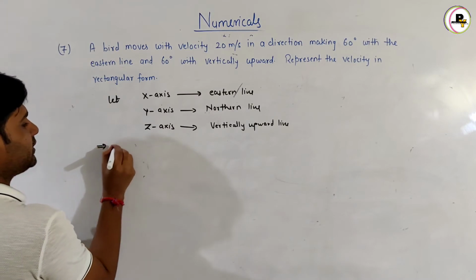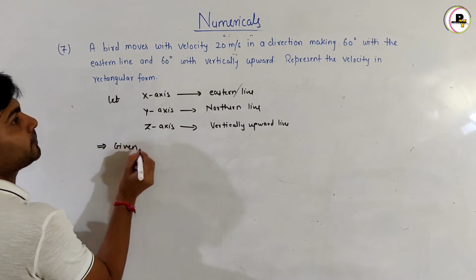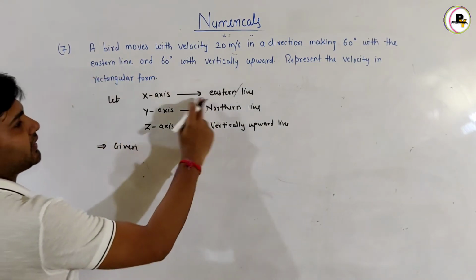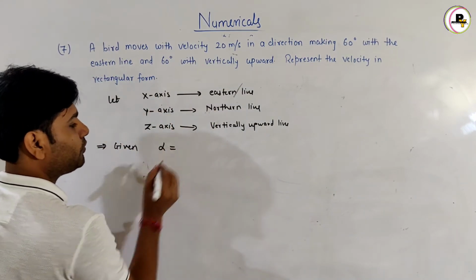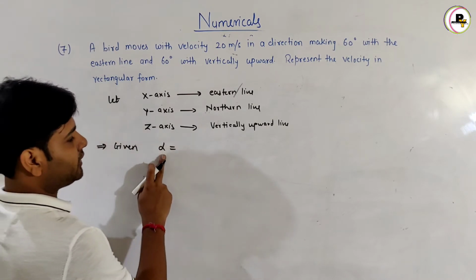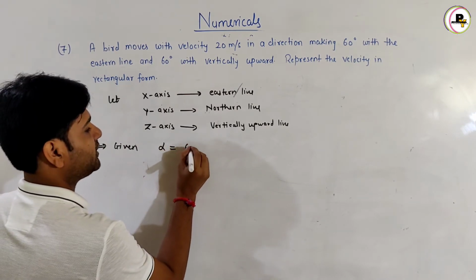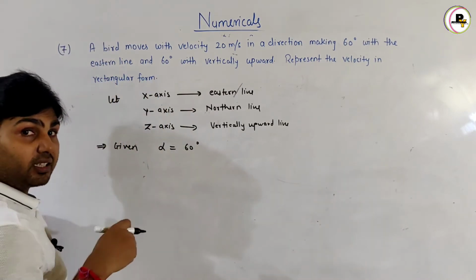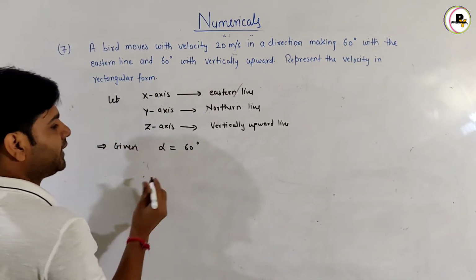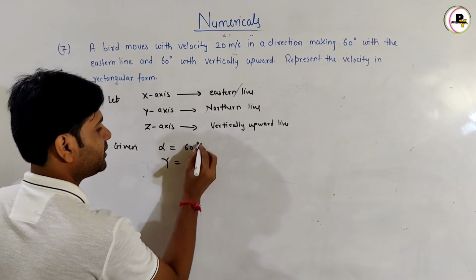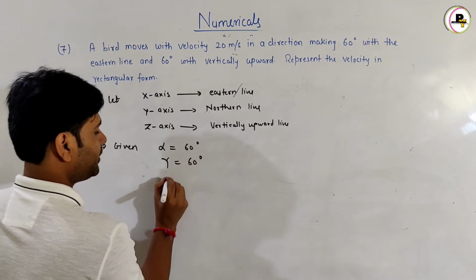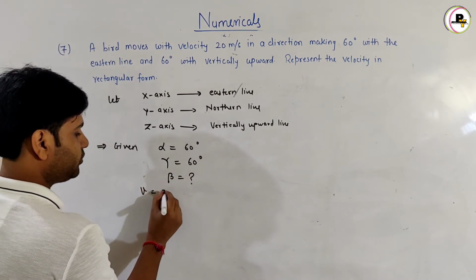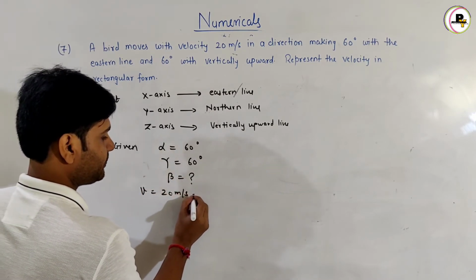So here it is given that the velocity is making 60 degree with eastern line, that is with x axis. So what we write? The angle made by a vector with x axis is alpha, which is 60 degree, and it is making an angle of 60 degree with vertical, that we have considered z axis. So here gamma is given 60 degree, and what we have to find? Beta. And what we have given? Velocity v equals to 20 meter per second.